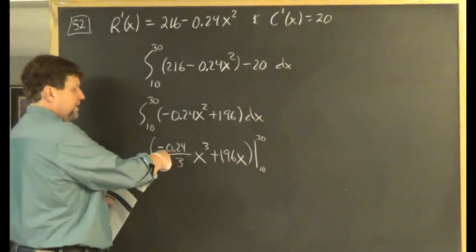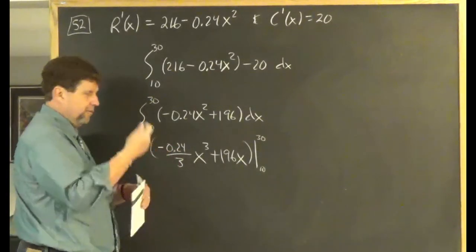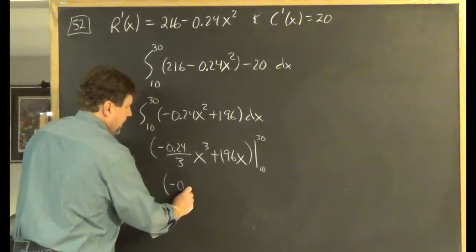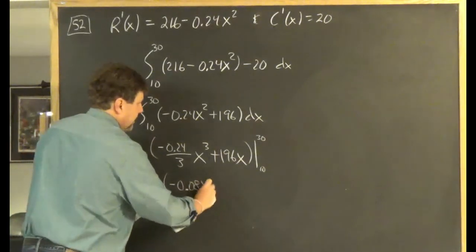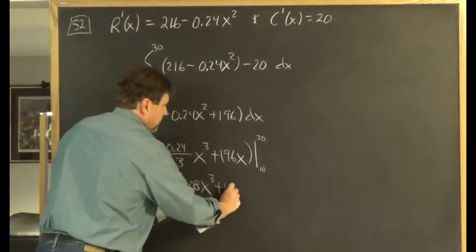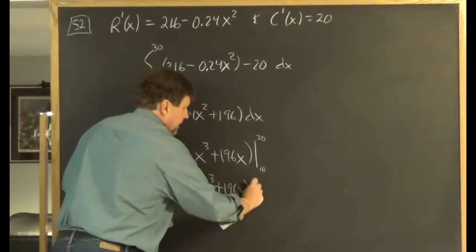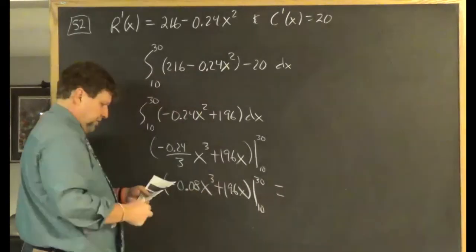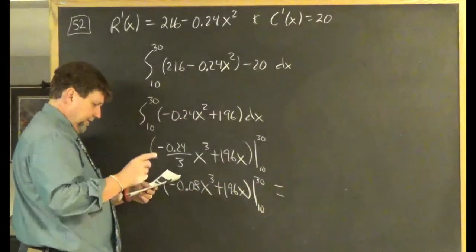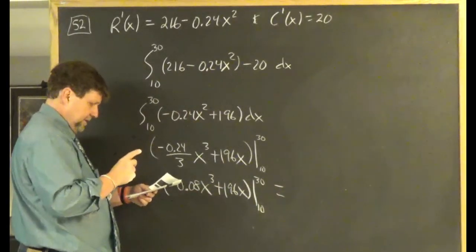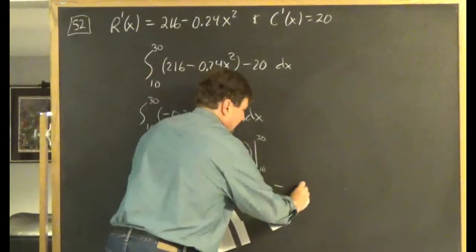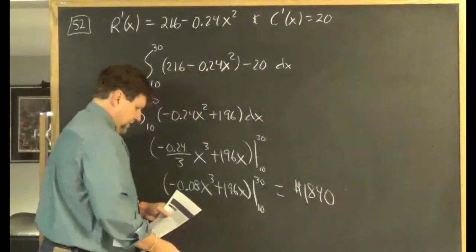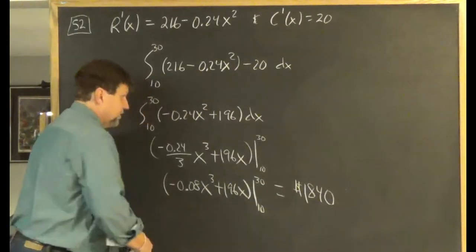If you want, you could do negative 0.24 divided by 3. It's a clean number. It's just negative 0.08. You don't have to do this, but either way, you use the fundamental theorem of calculus, and you're going to get $1,840 as being the total profit.